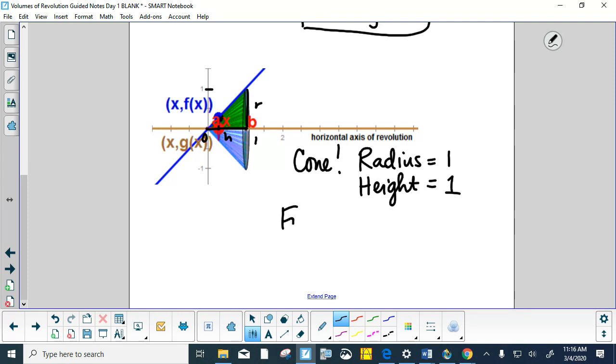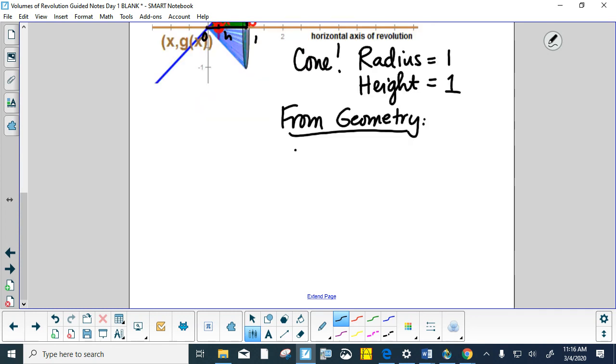And so from geometry, we're rolling back the tape a long way, I know, right? What's the formula for the volume of a cone? 1/3 pi r squared h. So what happens when r equals 1 and h equals 1?